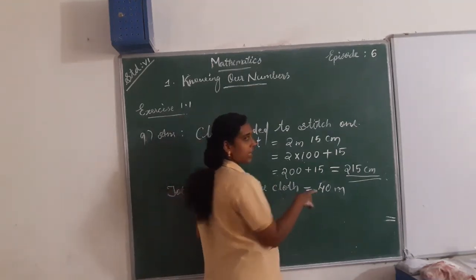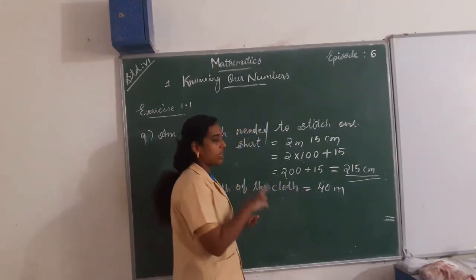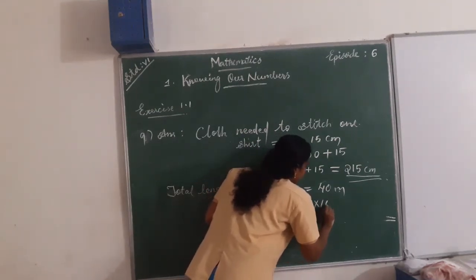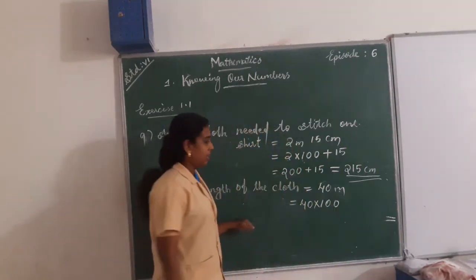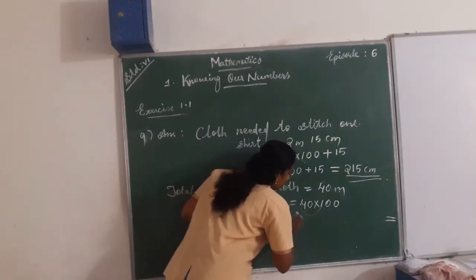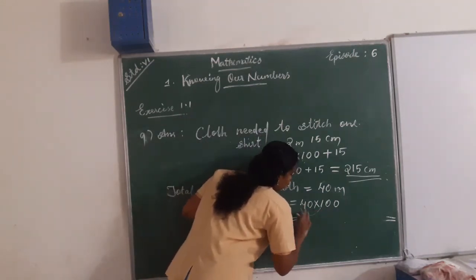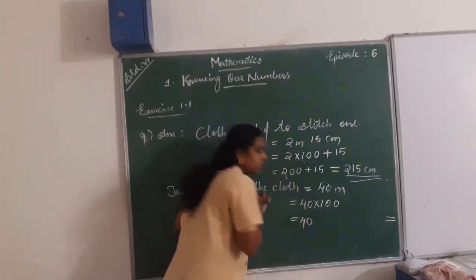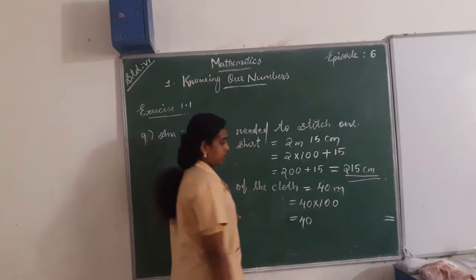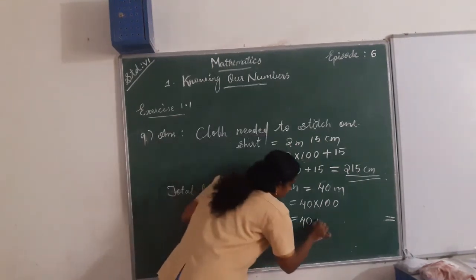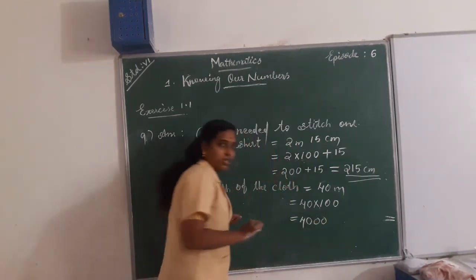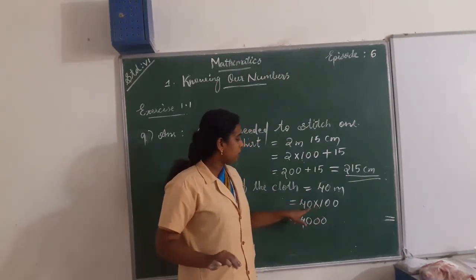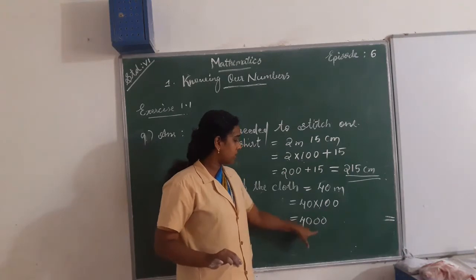Here 40 is in meter, so we multiply 40 into 100. Here 4 into 1 is 4, and in 40 there is one zero, and in 100 there are 2 zeros, so we put 3 zeros together.